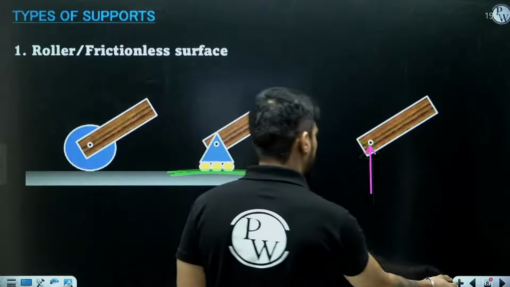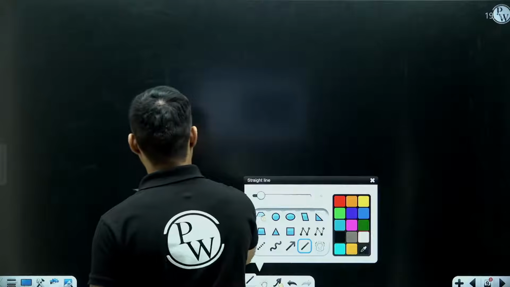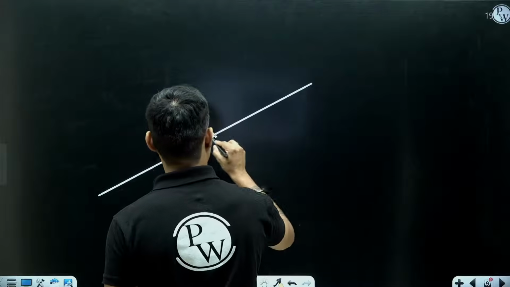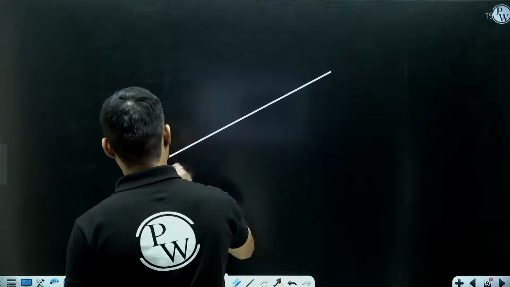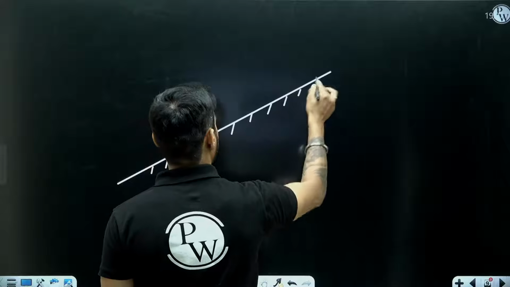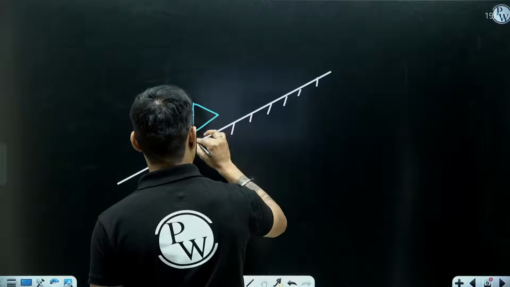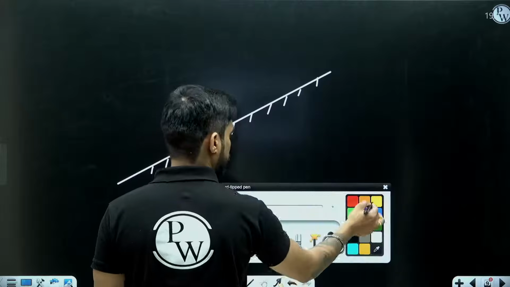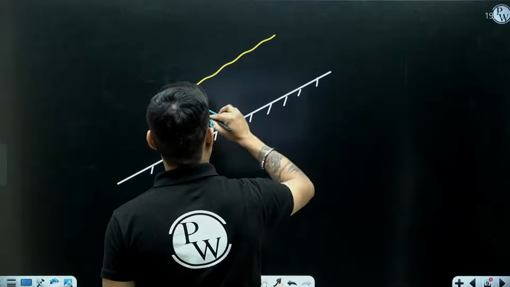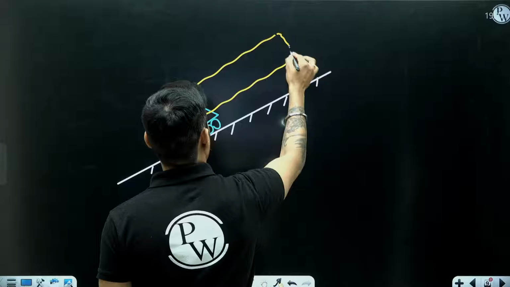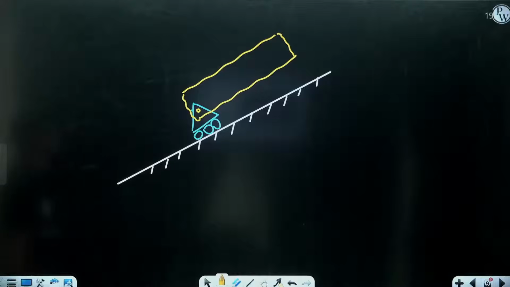Let's say my roller support is on an inclined surface like this. Something like this. This is the body. So in this case, what is going to happen?